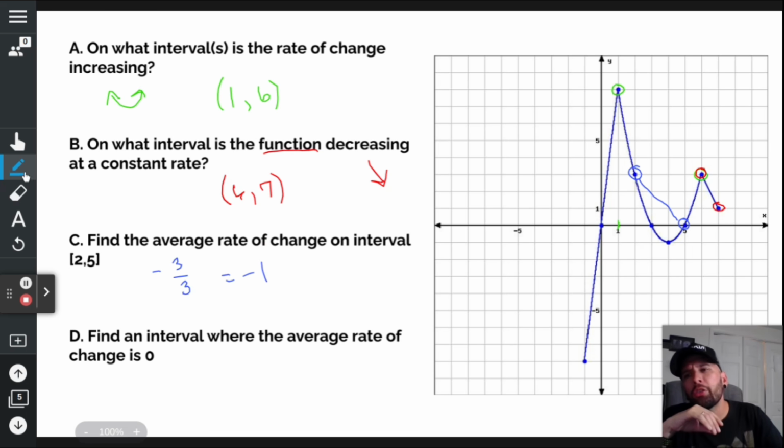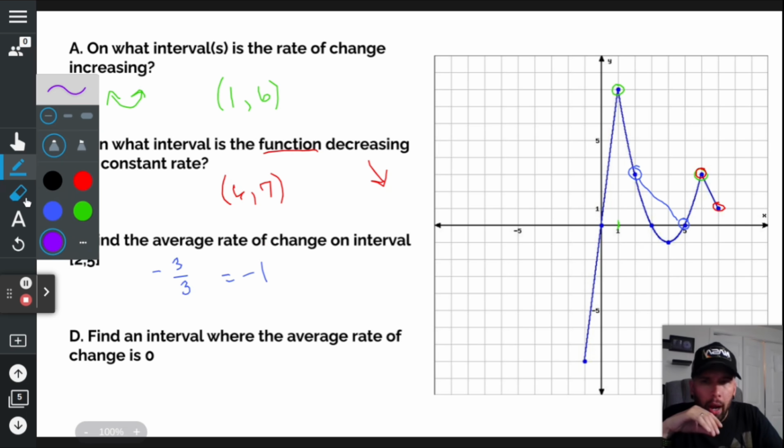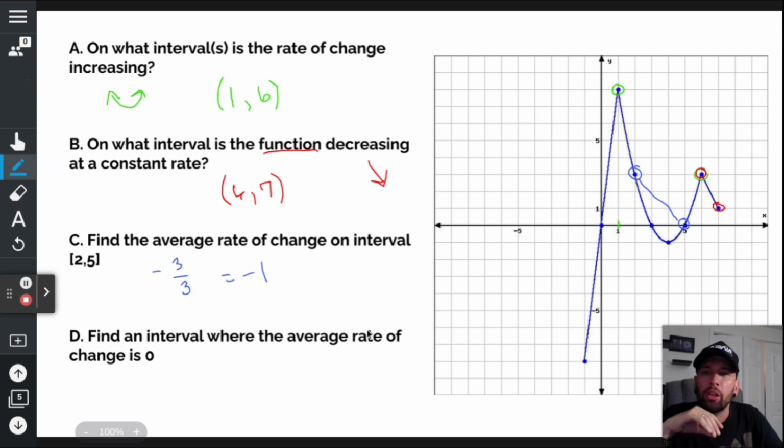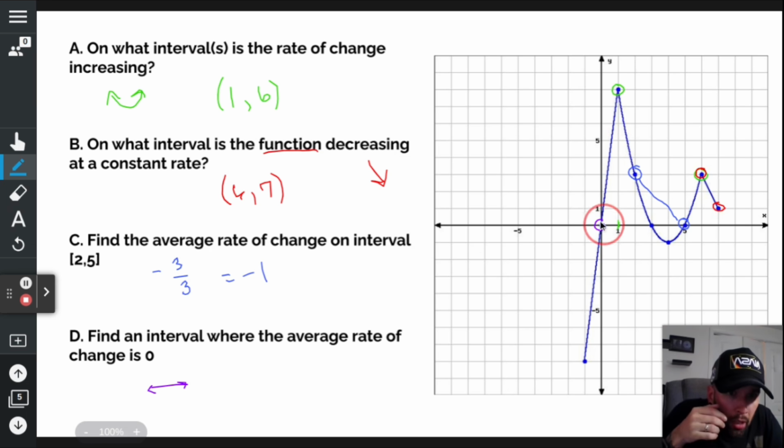Also, find an interval where the average rate of change is 0. If the average rate of change is 0, that means you get yourself a horizontal line. So there's several places that I can do that. I could do from here to here. That gives me a horizontal line. Boom. I could do from here to here. That gives me a horizontal line. Boom.